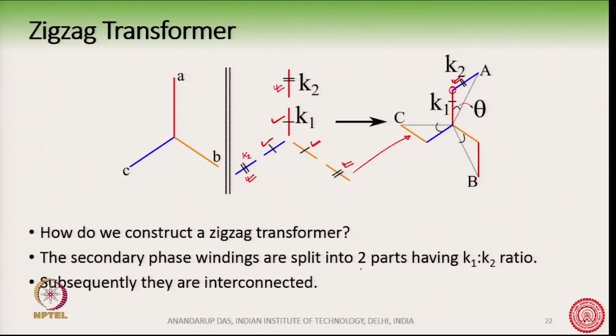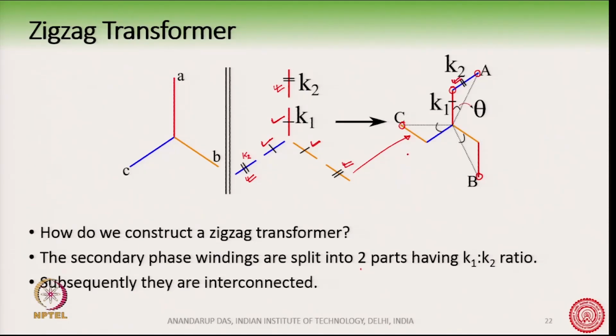What we see then is the voltage produced. If we extract the voltage from these points, then what happens?